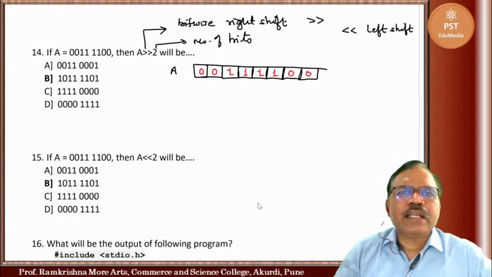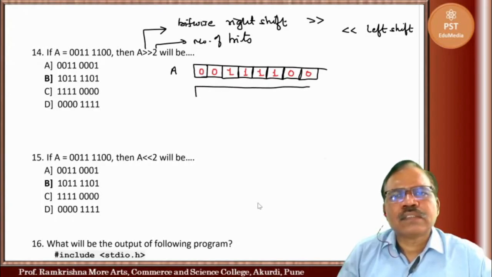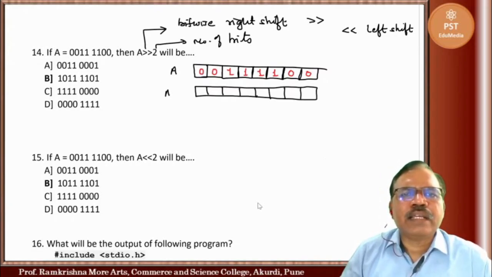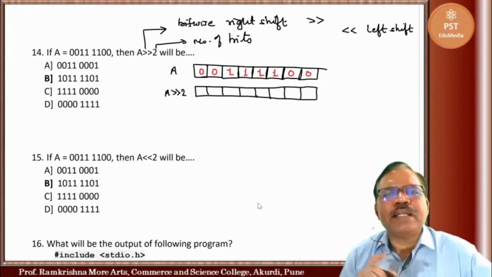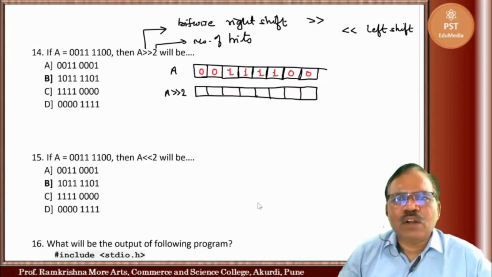Now again I will take 8 bits: 1, 2, 3, 4, 5, 6, 7. And here we will write A right shift by 2 bits. What is the meaning of this?